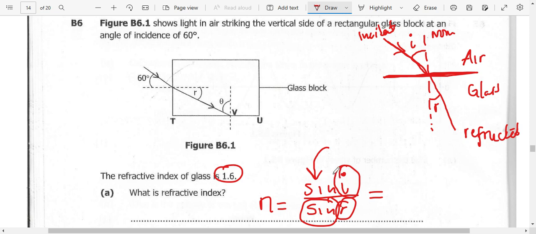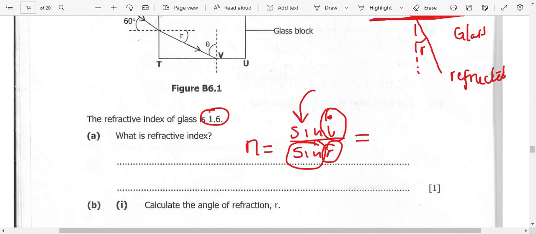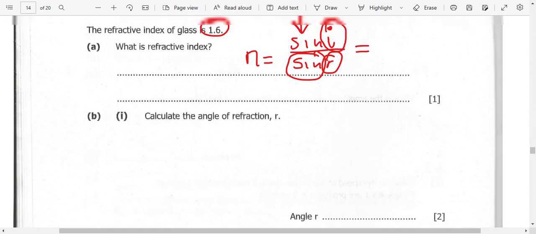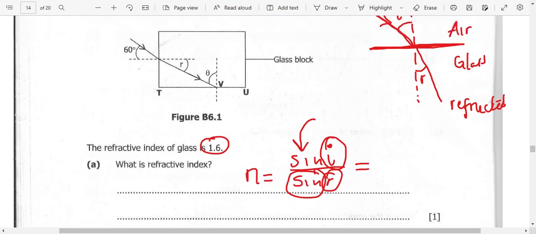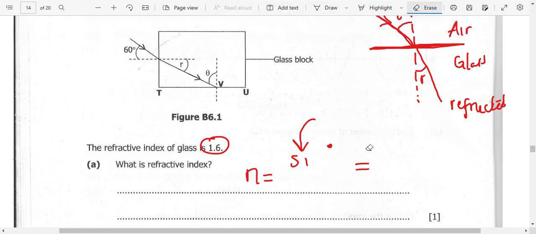So just use this equation if you forget to make the definition. So calculate the angle of refraction R. I want to calculate the angle of refraction. You already know the formula here, so it will be very easy to calculate the angle of refraction.